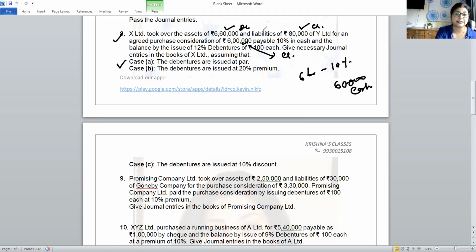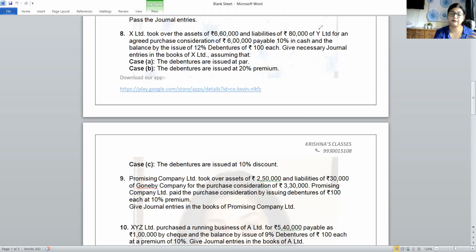Okay, so let us start solving this question. You can take a screenshot of this question for now, but I suggest that whenever you are solving, you must take a printout of the questions. If you do not have the printout with you, don't sit down to solve.